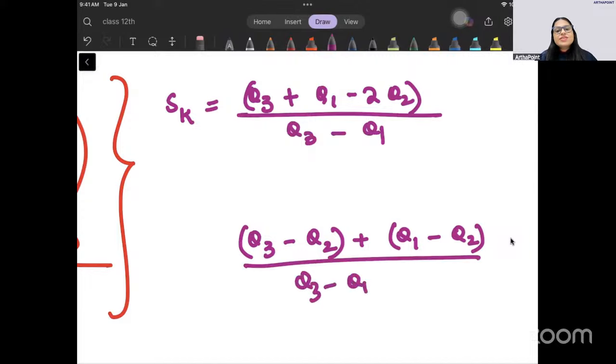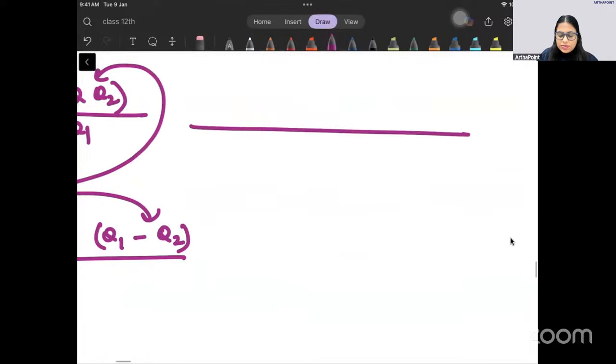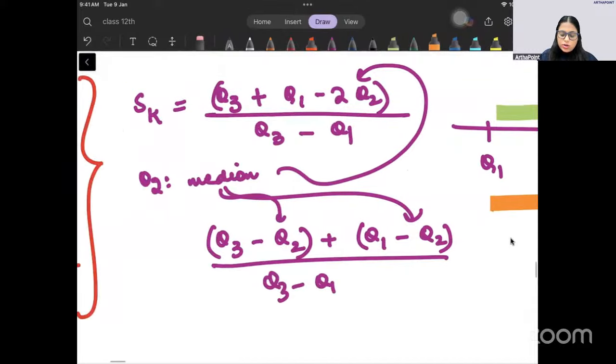Right? So this is basically your Bowley's coefficient of skewness, and we know that Q2 is nothing but also called as median. Right? So you can remember it like this, that if I have Q1 here and Q3 here and Q2 here, so numerator is this difference and this difference, and denominator is this, right? So this is what the coefficient of skewness is.